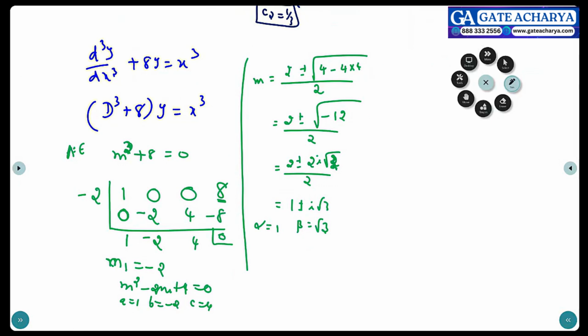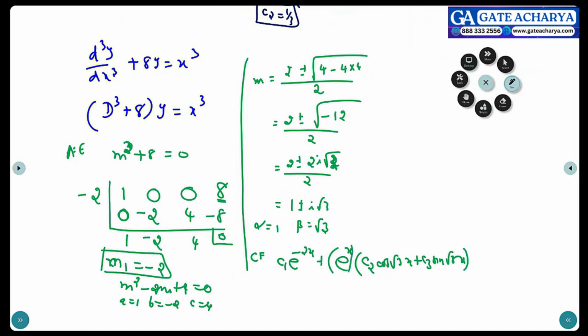So the first root is real, and the other two roots are complex roots. So write the real formula for the real root. Therefore, for the complementary function, M1 is minus 2. So C1 e power M1 x plus, from these two, write e power alpha x into C2 cos beta x plus C3 sin beta x.